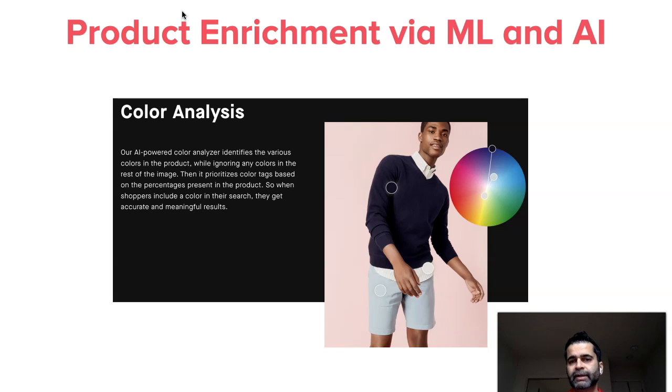You can have multiple colors, but if users are searching for, hey, I want a dress that is black, you want to make sure that your tool, the computer vision technology, understands how much black is in that particular dress. Is it 50% black, 30% black, 10% black, 80% black? Based on that, it can prioritize those search results for a user who is primarily looking for black, right? So when shoppers include a color in the search, they get accurate and meaningful results.